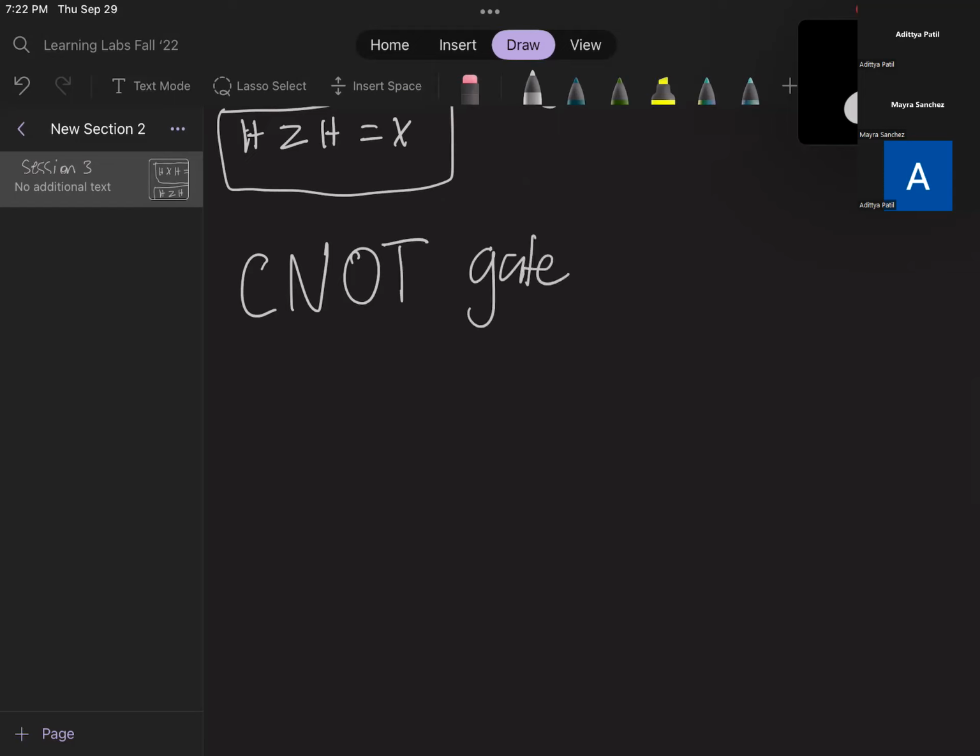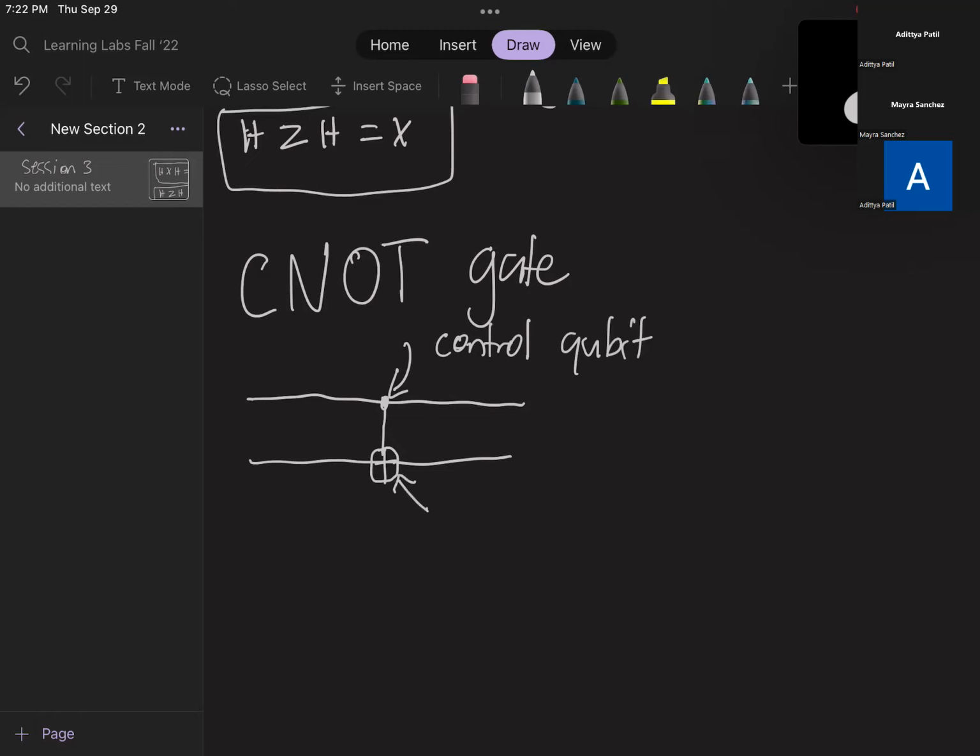If you want to represent this as a circuit, it will look like this: you'll have a little dot here and a little plus here. The little dot is what's known as the control qubit, and what's down here is known as the target qubit.